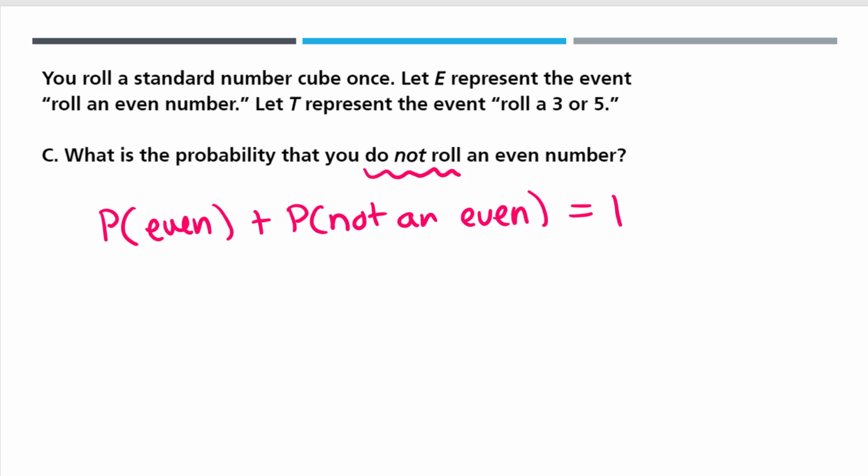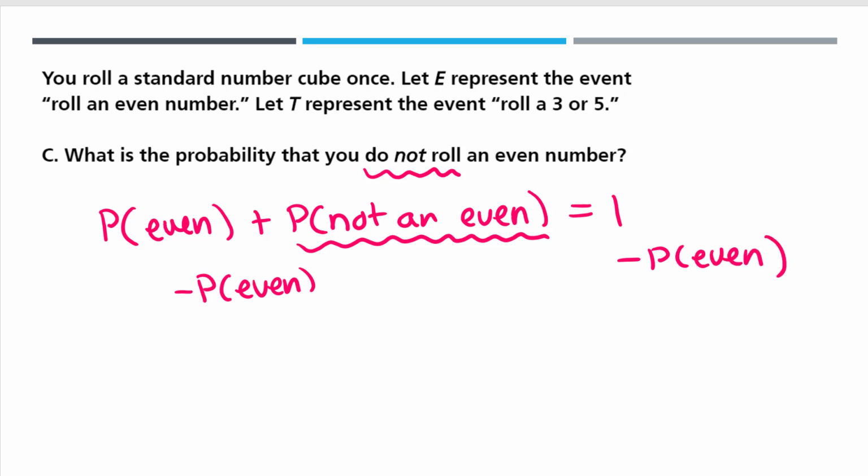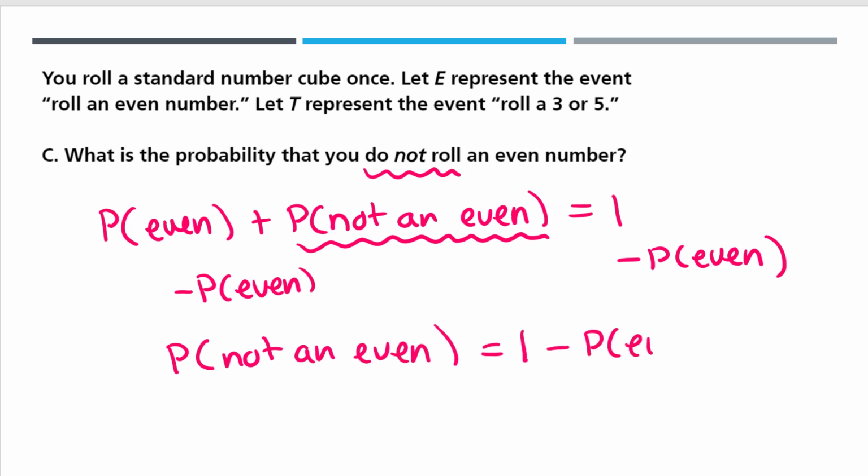So if we want to find the probability that it's not an even, we will subtract the probability that it's an even from both sides. So the probability that it's not an even is equal to 1 minus the probability that it is an even.